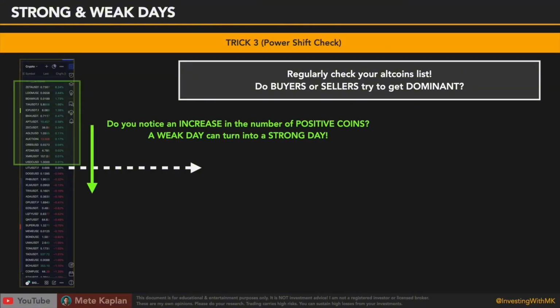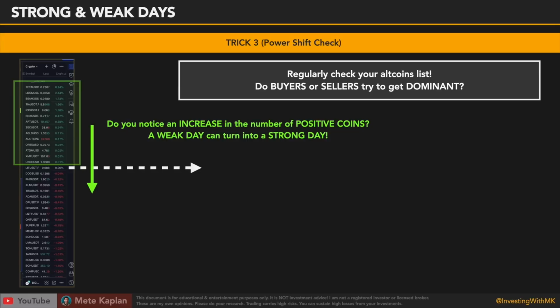But you just started to notice that this number is increasing. Maybe 20 coins started to become more positive, or 30 coins become positive compared to this morning. It means that a weak day can turn to a strong day slowly.